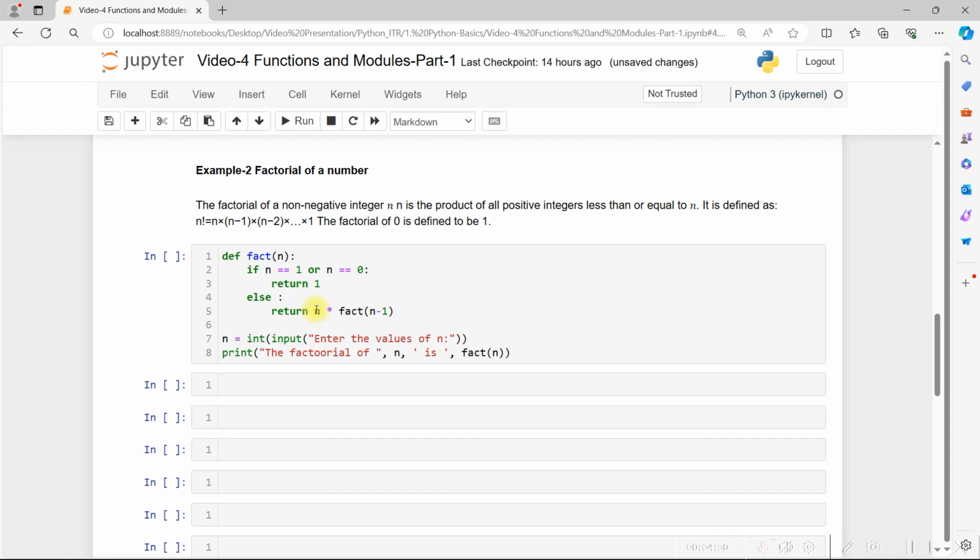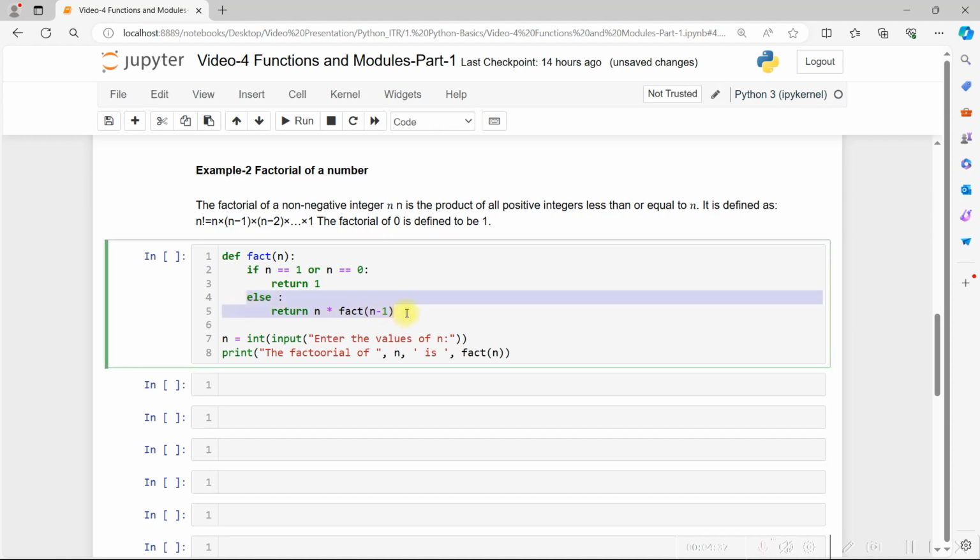The recursive part of the factorial is explained in the else statement over here, and the condition at which it should stop is explained in the first if statement. So this is how we can write a factorial recursive function in Python.